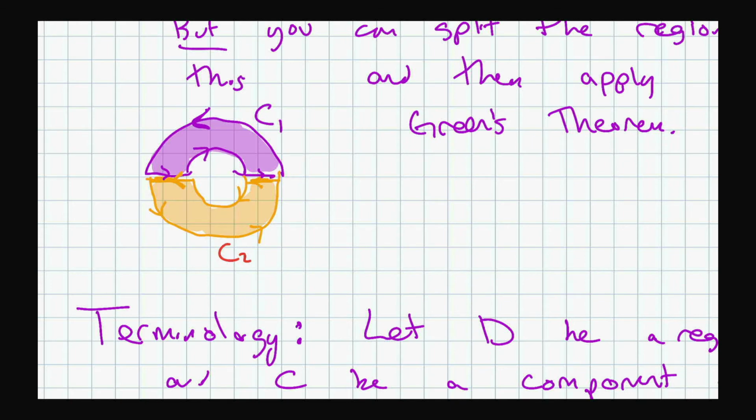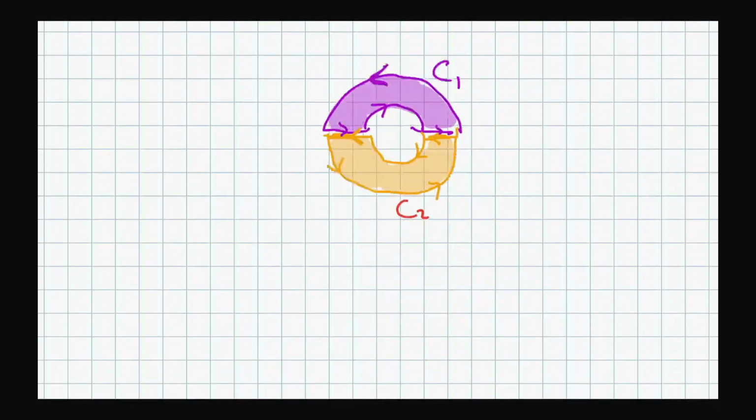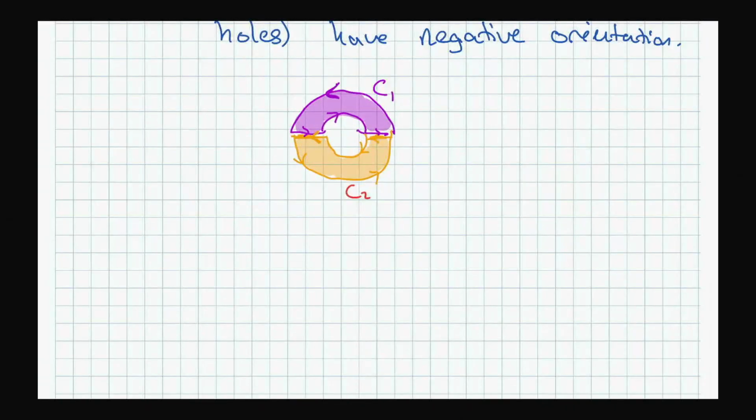So let me show you that. Duplicate this. Here's the situation that's going on. You're starting with this, and the outside should be going counterclockwise, right? And then the inner boundary should actually be going the opposite direction. So this is positive orientation and this is negative orientation, right? This one's positive because if you're traveling this way, the left side is here.